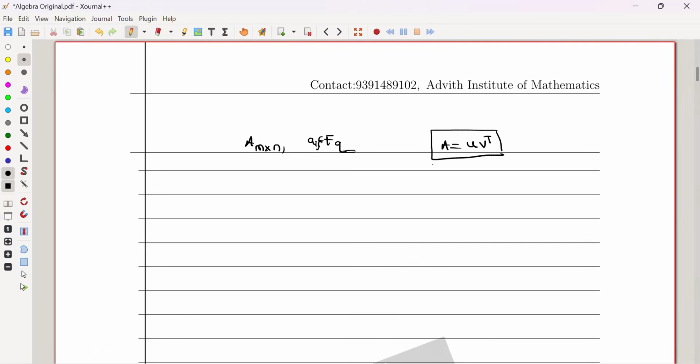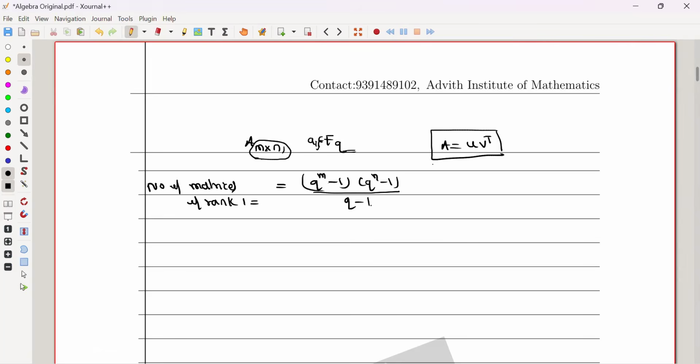So therefore the number of matrices of rank 1 is equal to (q power m minus 1) into (q power n minus 1) divided by (q minus 1), where A is the matrix of order m by n.